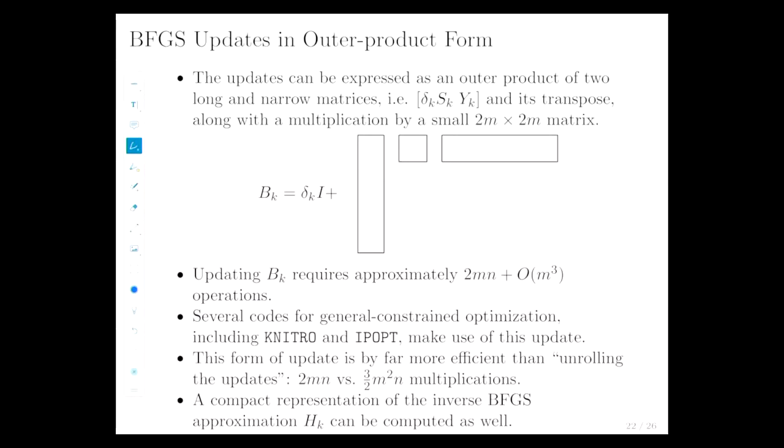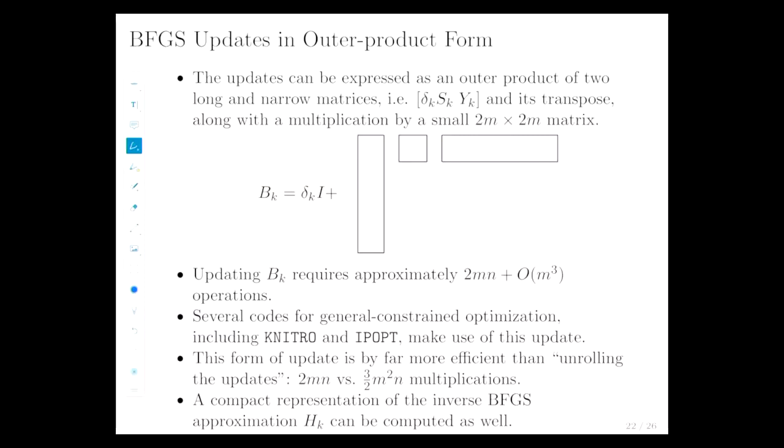But the key idea, I want you to see the key idea, is this. The updates are done by writing iterations that look like this. A very tall matrix multiplying a small square matrix, multiplying the same thing transposed. Writing the iterations like this will give us a complexity that looks like that. Now, if m is small, this term doesn't dominate.